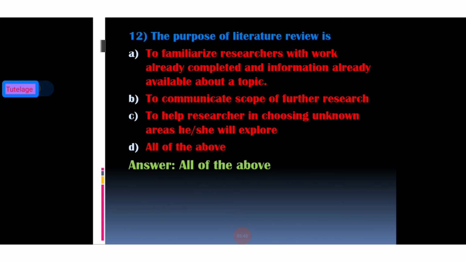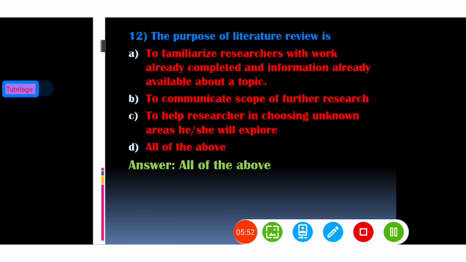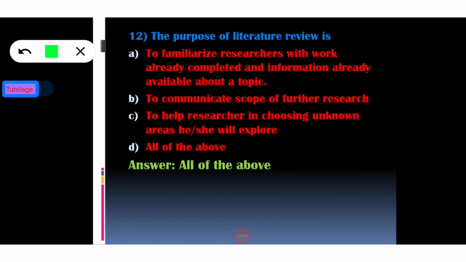What is the purpose of the literature review? Okay, we have already told what the concept of literature review is. And you all know that literature review is one of the most important steps of research also. So we have to know what the purpose is.